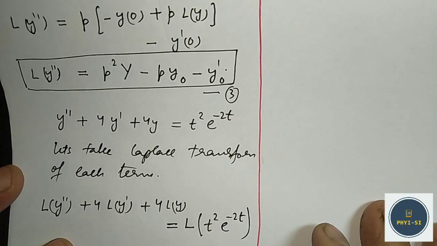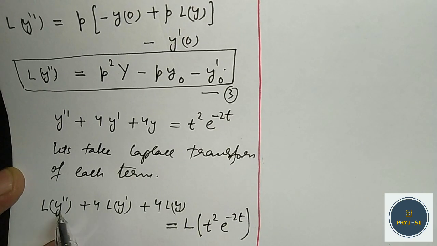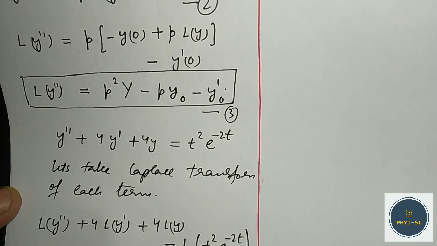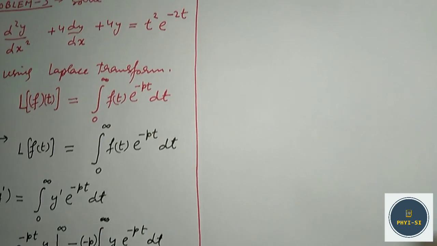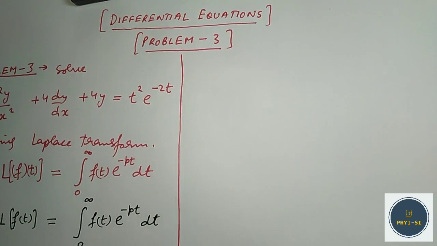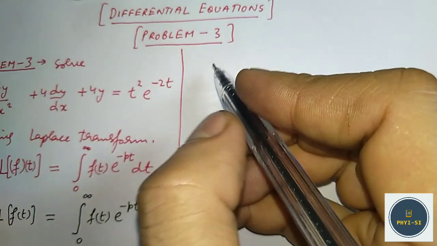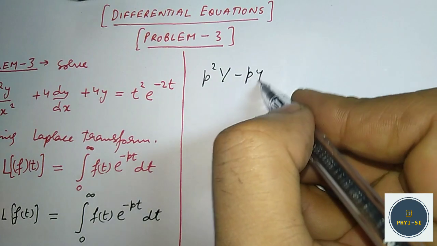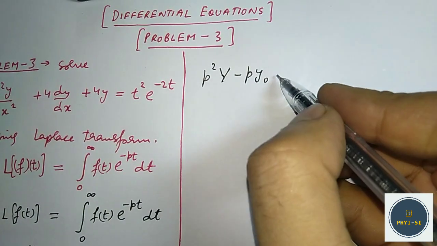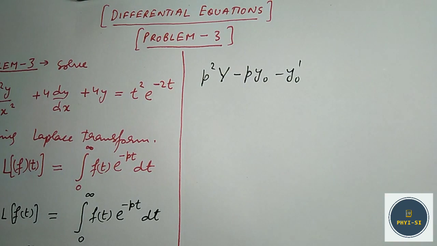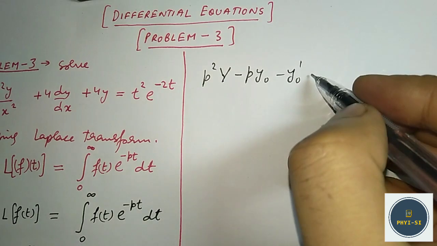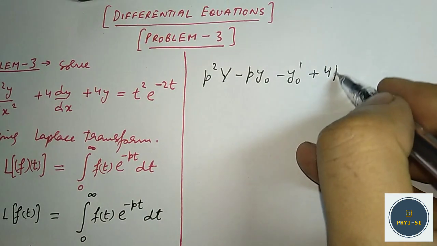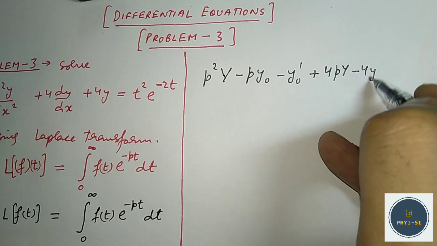It is simple. Now we have to put the values of L of y double dash and L of y dash from equations 1 and 3. So we'll get p square Y minus p y naught minus y naught dash, for the Laplace transform of y double dash, and then plus 4 pY minus 4 y naught.